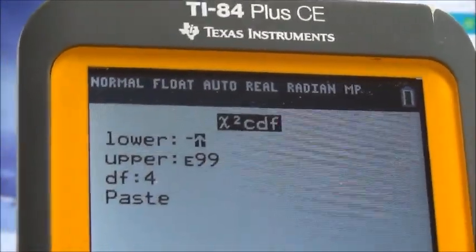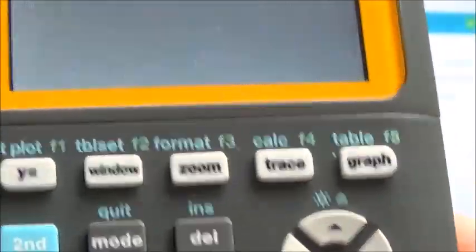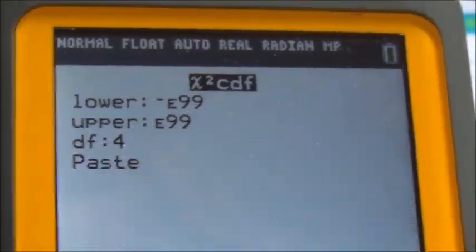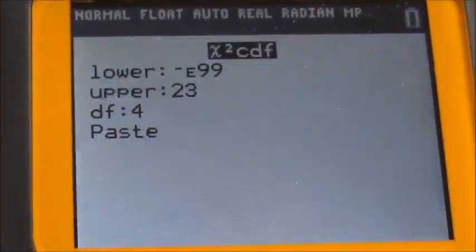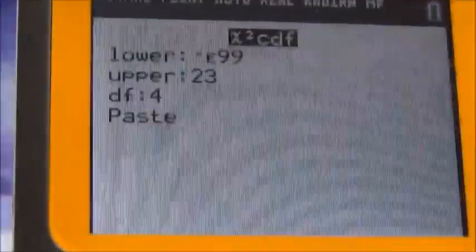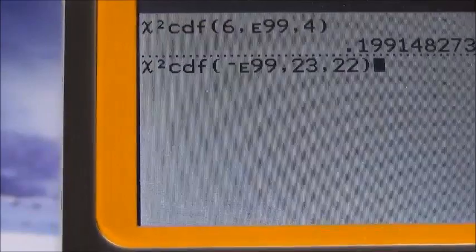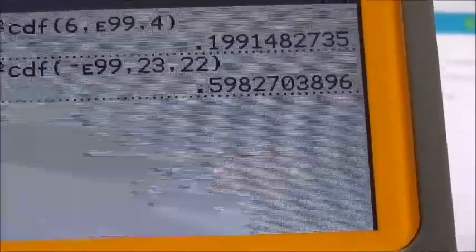Second function, the comma key to get your EE, 99. So negative infinity, 23, since we're doing to the left of 23. My degree of freedom is 22. Paste that in there. And when I hit enter, you can see I get 0.598.